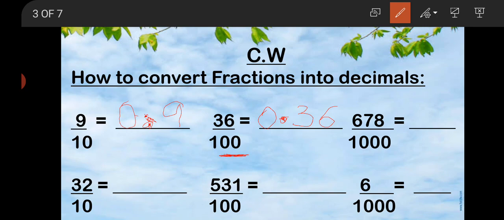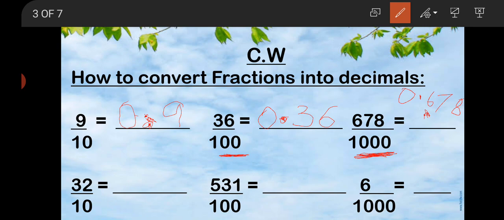Now here we have the third fraction, which is 678 by 1000. So in writing decimal, first we have to see the number of zeros in the denominator. So the number of zeros in the 1000 are 3. So in writing the decimal number, you have to consider 3 digits after point. So we will write 6, 7 and 8 after point, and before point we will write 0.